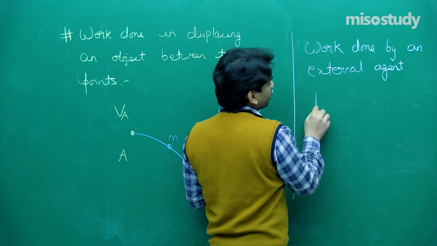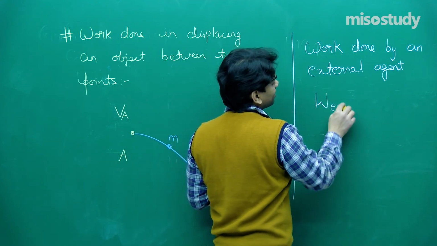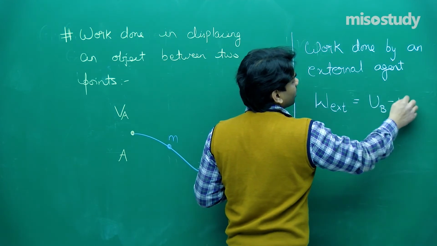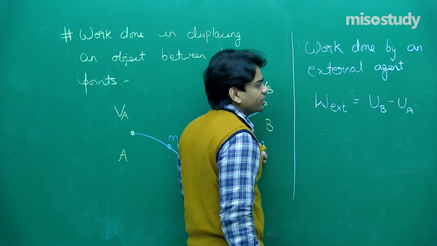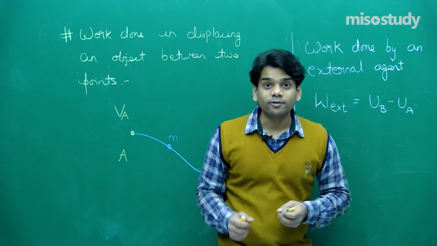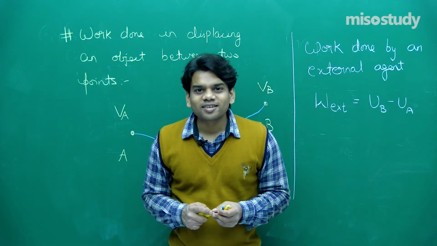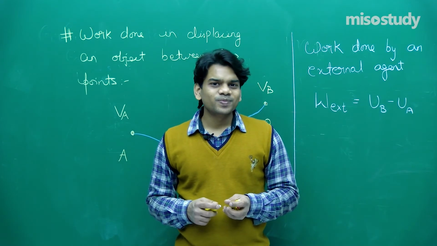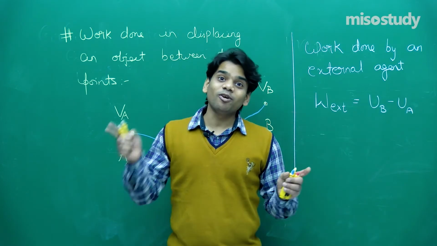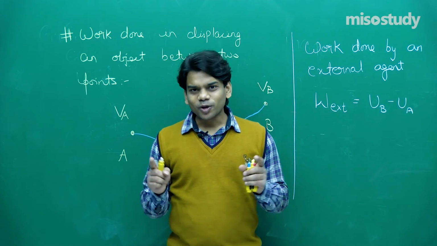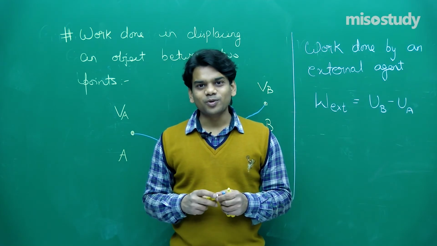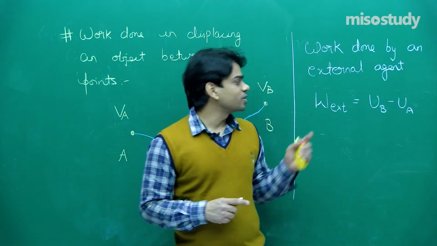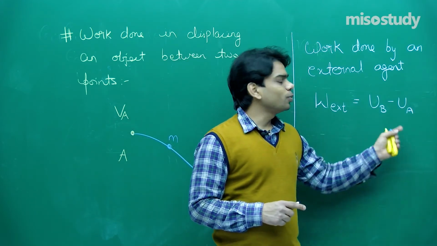This will come out to be work done by external agent is equal to potential energy when it was at point B minus potential energy when it was at point A. Because I have told you, work done by an external agent is equal to change in potential energy. And next thing I have also told you, the change in potential energy is negative of work done by the internal forces. You have to remember all these simple straight lines that I am using as a concept. You have to use this basic concept whenever a question comes. Work done by external force is equal to UB minus UA.